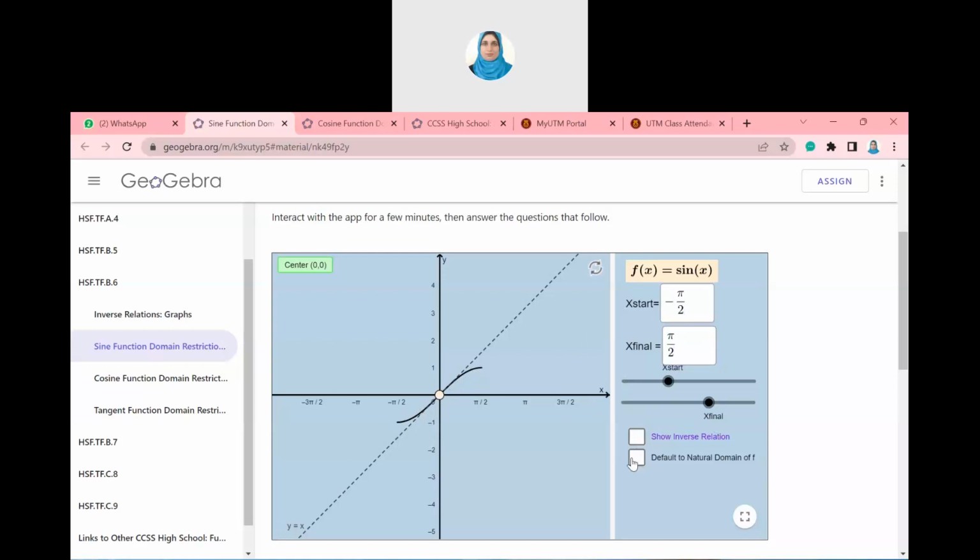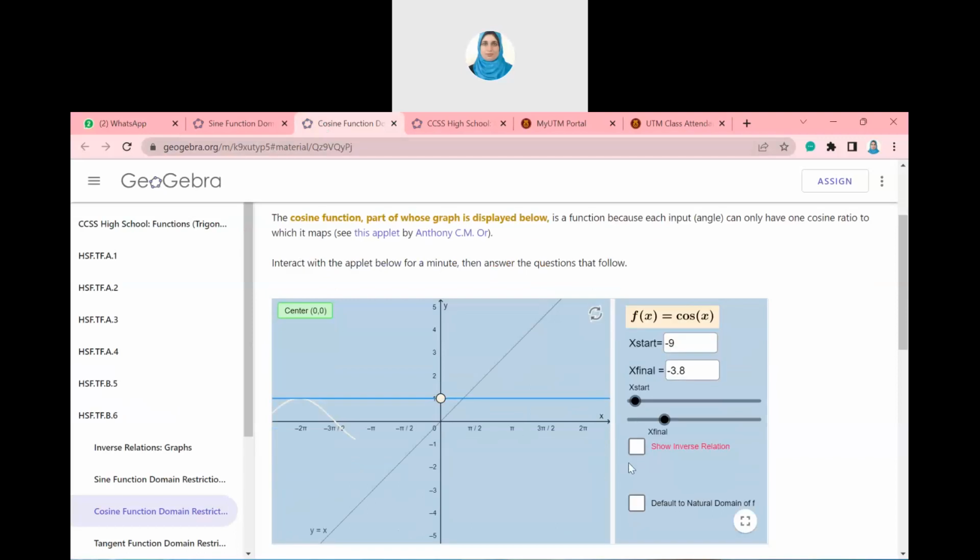Now you can see the inverse. This is the plot of your inverse. Now this is a function. If you draw any vertical line, it will cut the graph only once. So we can define the inverse function if the original one is a one-to-one function.